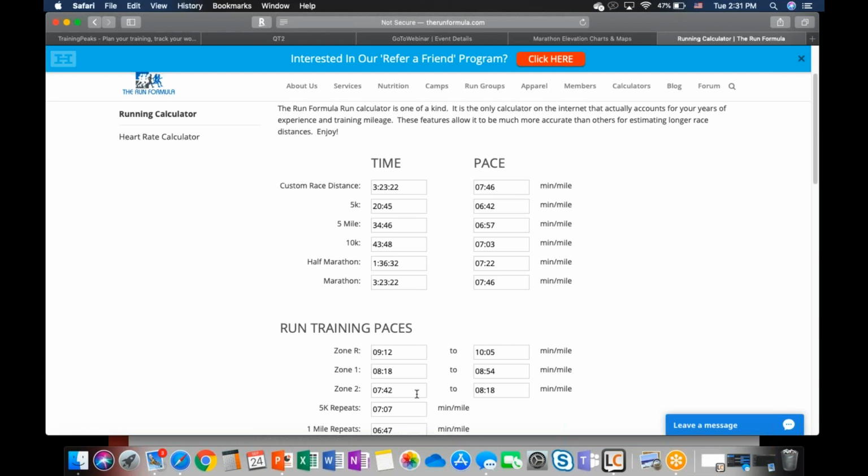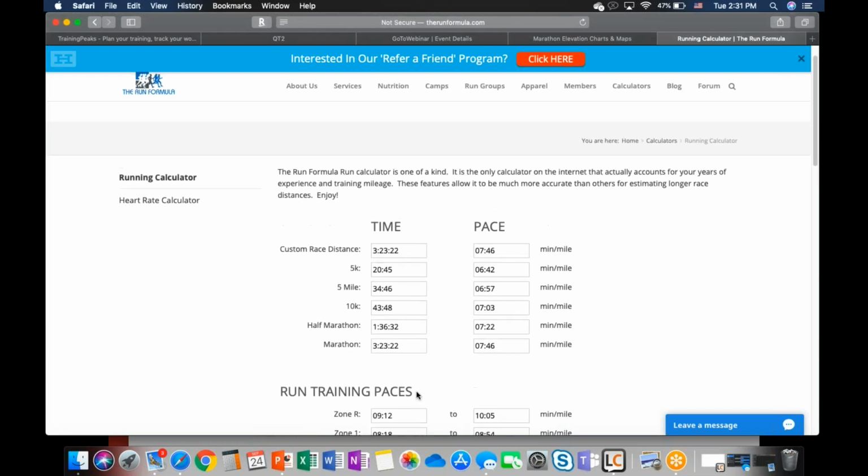Once you get those training paces where you feel comfortable with them, then you can look up here and think, oh, you know what? I did actually do a half marathon when I was training for this marathon, and I ran relatively close to 1:36-ish, or maybe I ran 1:37, maybe I ran 1:35. You can check yourself with some of these other race times.